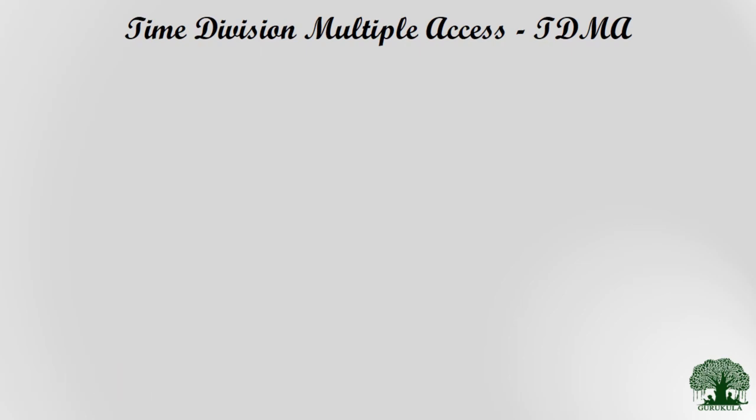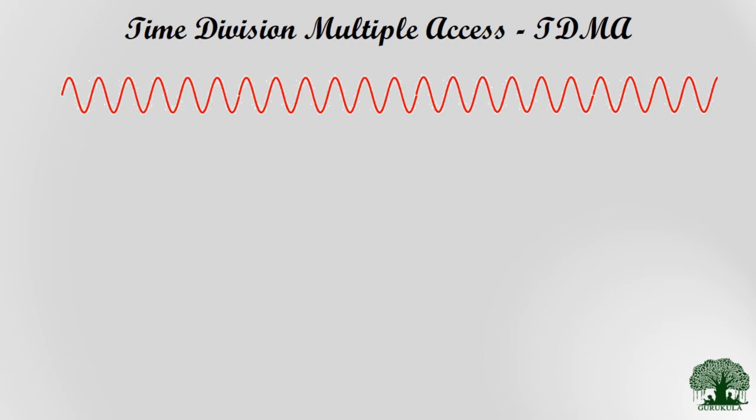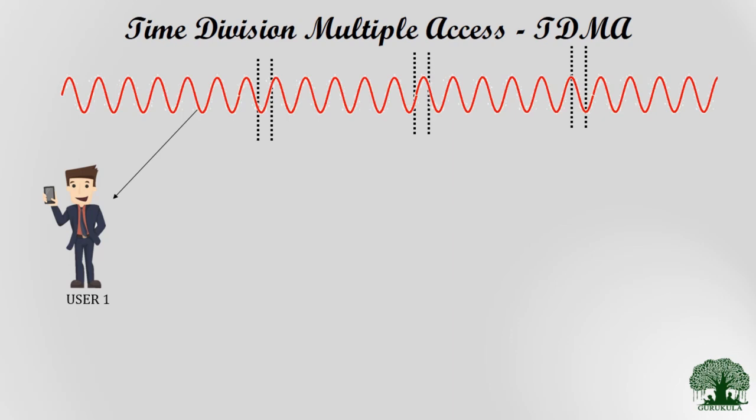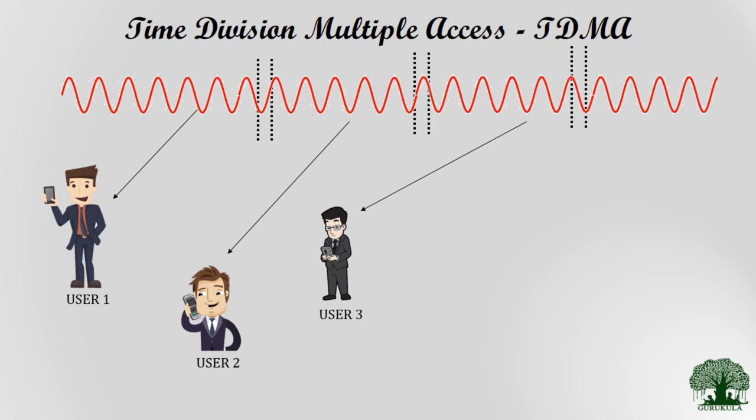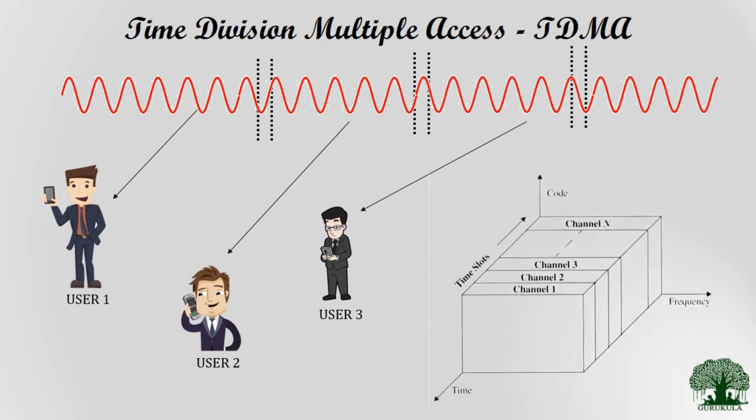Whereas in time division multiple access, the difference is that instead of allocating different frequency bands for different users, the entire range of spectrum is allocated to each and every user, but the differentiation is done in terms of time period. Each user will be allocated the entire range of frequencies only for a particular time period.